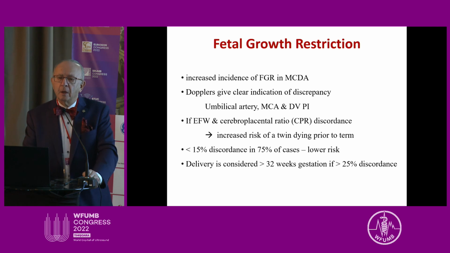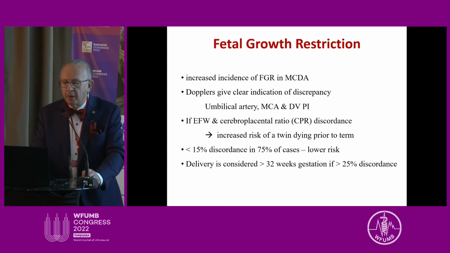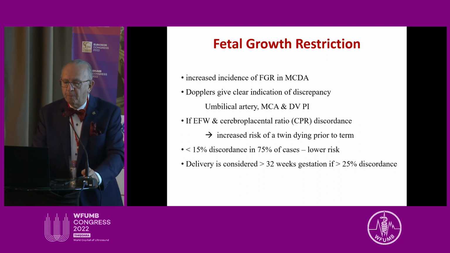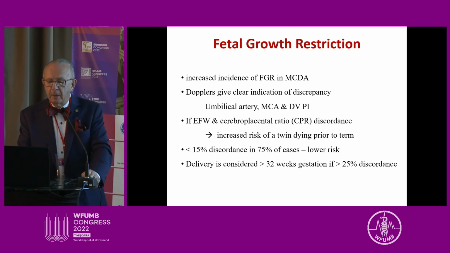We've heard the previous talk about singletons, but obviously this is important in twins as well. If we do an EFW and the CPR, and there's a difference between the two, there's an increased risk of that twin dying prior to term, and we consider delivery after 32 weeks if there is a 25% discordance.